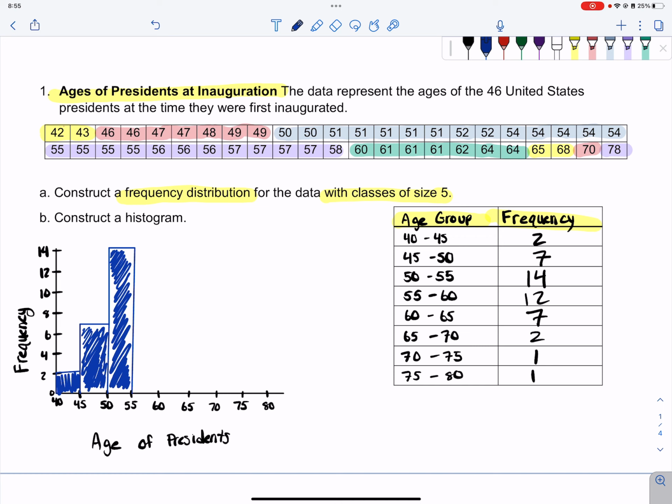And then 55 to 60, that is at a height of 12. So let's draw in that bar. And then 60 to 65, that needs to be at 7.